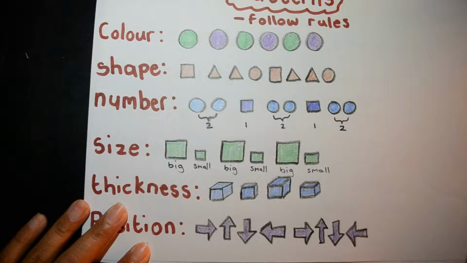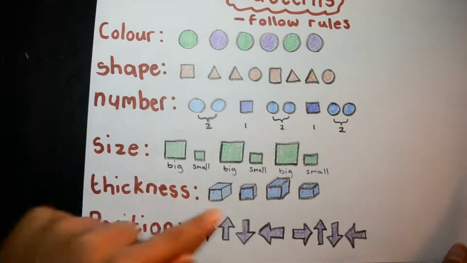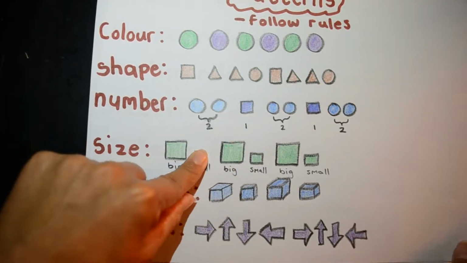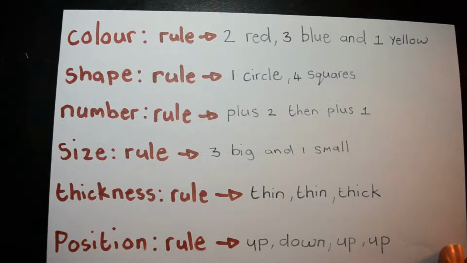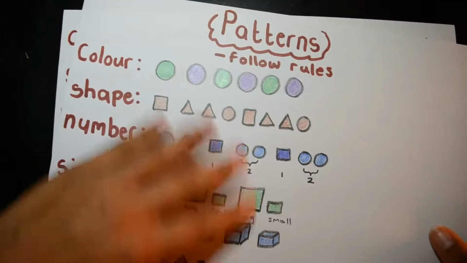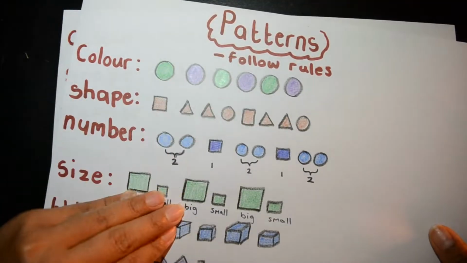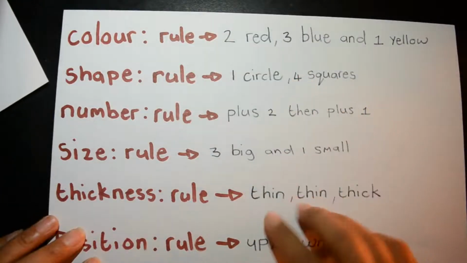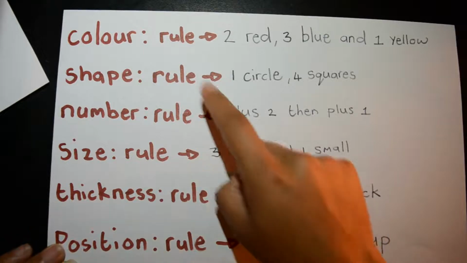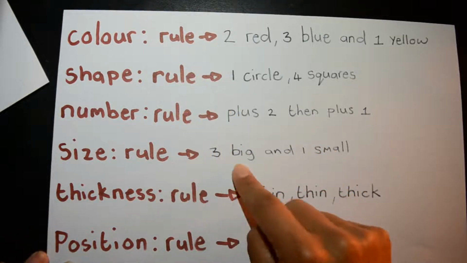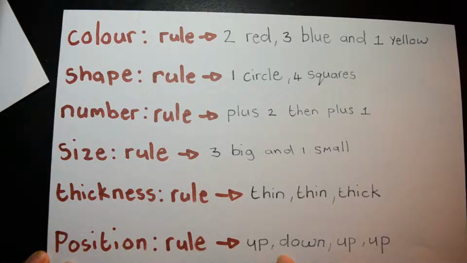So you're gonna do one of this on your own, and then after that you're gonna also do this one for me. So you're gonna have 2 pages that look like this. One where you do you on your own, and then the second page where you're following my pattern rules. Okay, so I gave you some rules here, and you have to read and do the pattern for me.